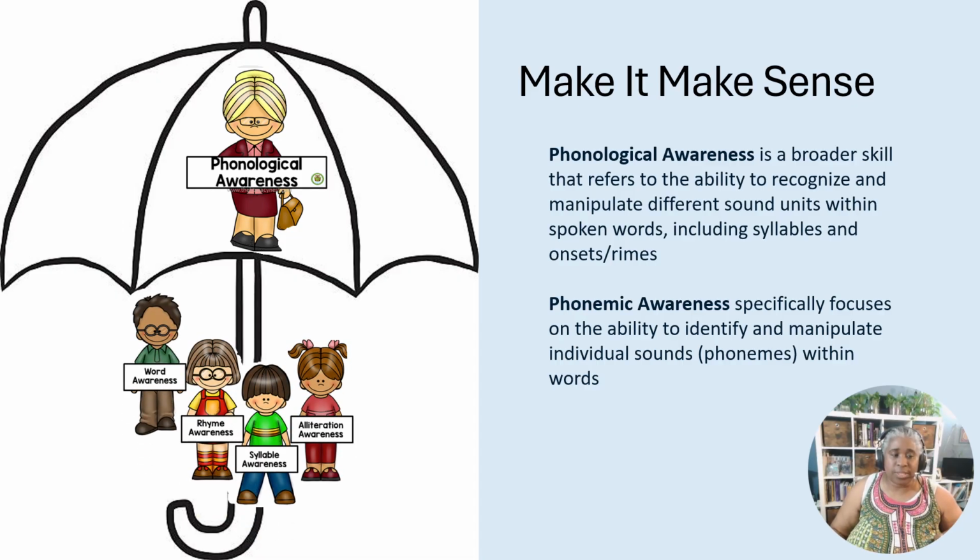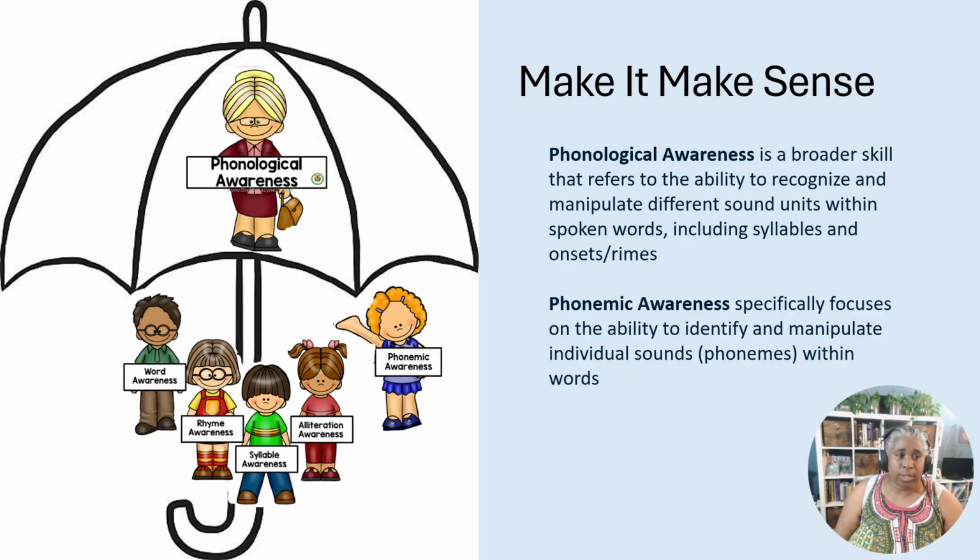And it includes things like word awareness, rhyme awareness, syllable awareness, alliteration awareness, which are some of the activities we participated in today when we did our Haggerty. But it also includes phonemic awareness activities, which specifically focuses on the ability to identify and manipulate the individual sounds or the phonemes within words.